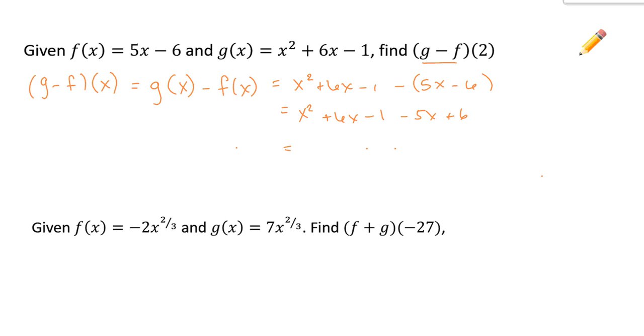We end up with x squared plus x plus 5. And then to find g minus f of 2, that means you can plug in 2 everywhere there's an x.